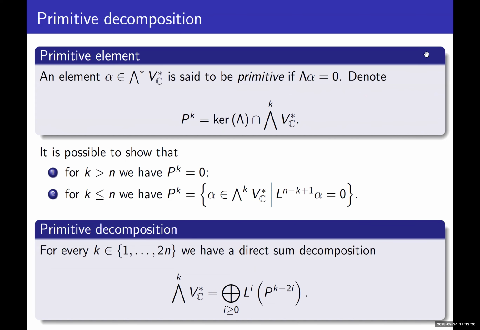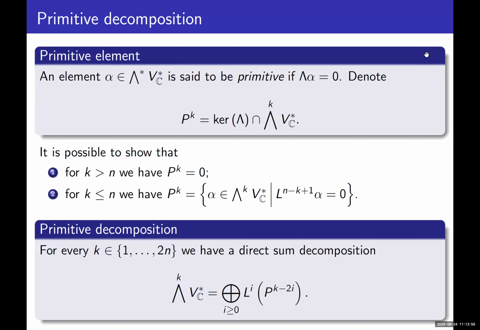So an element in the exterior algebra of the complexified vector space VC is said to be primitive if it's annihilated by lambda, and we denote by pk the set of k forms which are primitive. What is possible to show is that, in fact, pk is trivial if k is big enough. Now, I've not stressed it in the beginning, but n is the complex dimension of V, which is half of the real dimension.